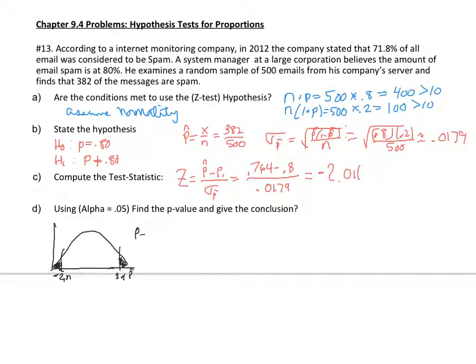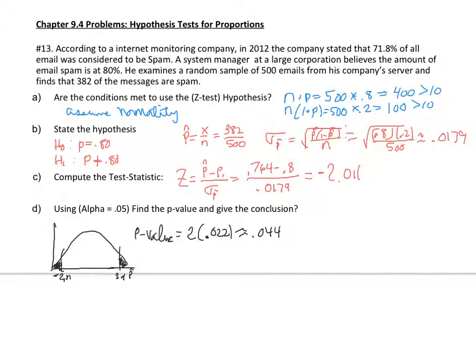So the p-value, when we look under the table, is going to be twice the value at the lower level at negative 2.01, which when we look in the table in our standard normal curve, we get 0.022. And if we double that, we get approximately 0.044.